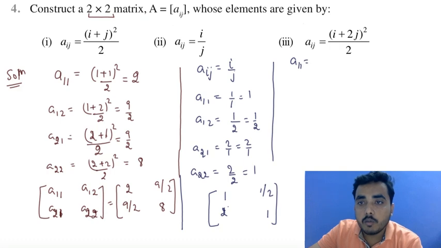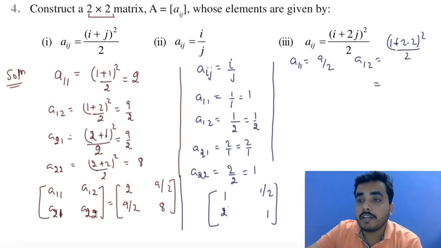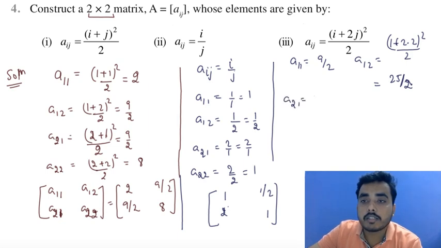A11 is 1 square, 1 plus 2 square. This is 9 by 2. A12. This is 1 plus 2 into 2 square by 2, which is 5 square, 25 by 2. A21 is 2 plus 2 into 1 square by 2, which is 4 square, 16 by 2 is 8.